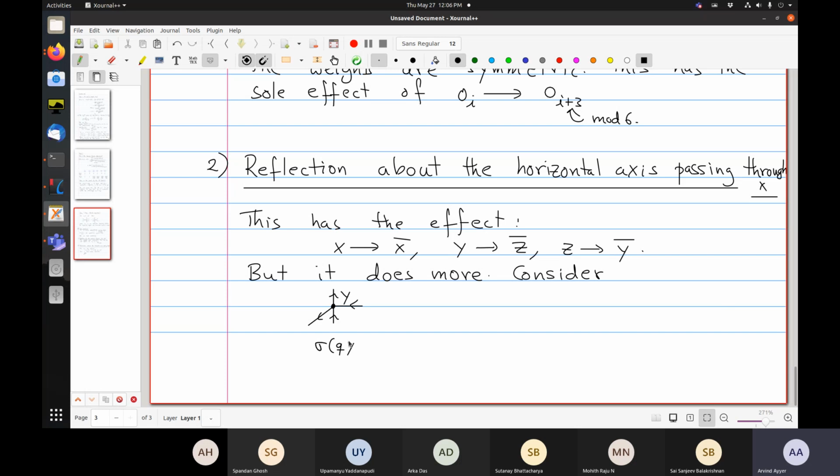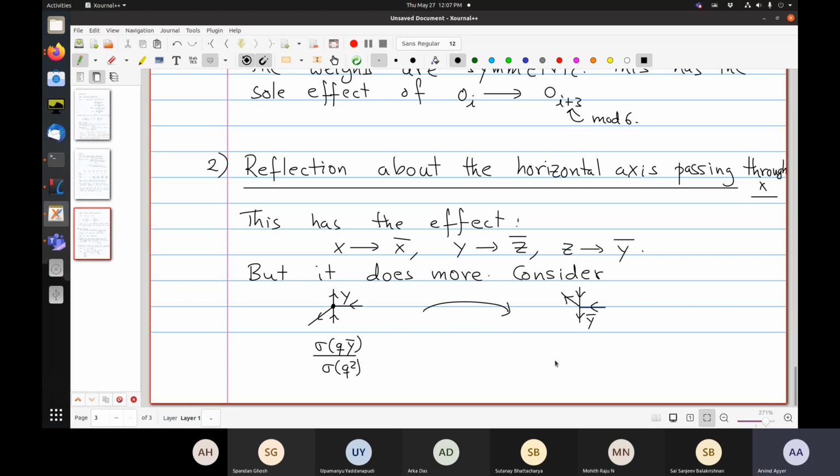So sigma of q y bar divided by sigma q square. And after reflection, this will become y bar. The horizontal arrows will remain unchanged, and the vertical ones will flip. So when you reflect about X, this will go like so.